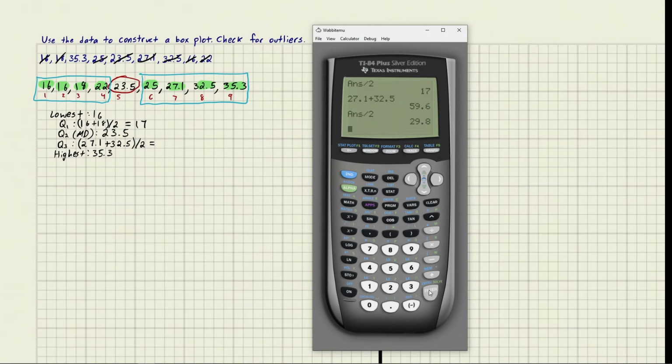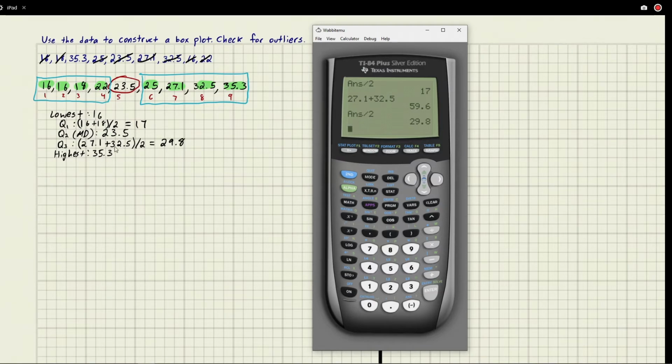And we get the middle of 29.8. So this is just the midpoint formula. And don't forget to use parentheses. If you don't use the parentheses when you write it, you'll get an error with the order of operations. I entered it in the calculator so that I did them on separate steps, which is kind of the same thing as doing the parentheses.